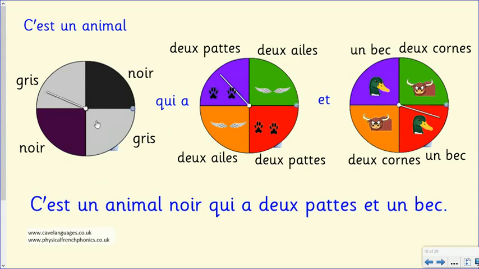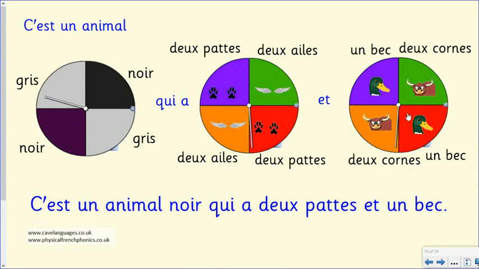First one. C'est un animal noir qui a 2 ailes et 2 cornes. If you got that exact sentence, say champion. Shall we try with your second sentence? C'est un animal gris qui a 2 pattes et 2 cornes.